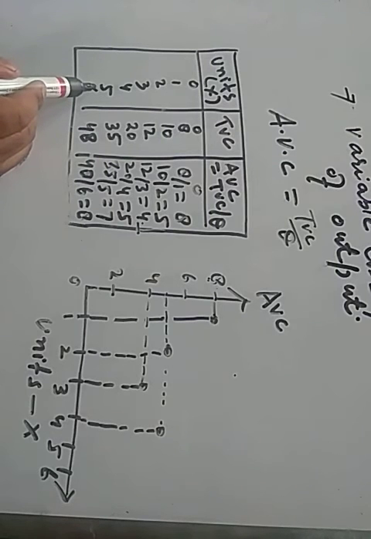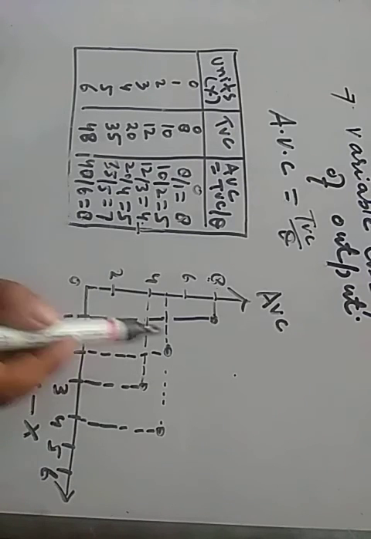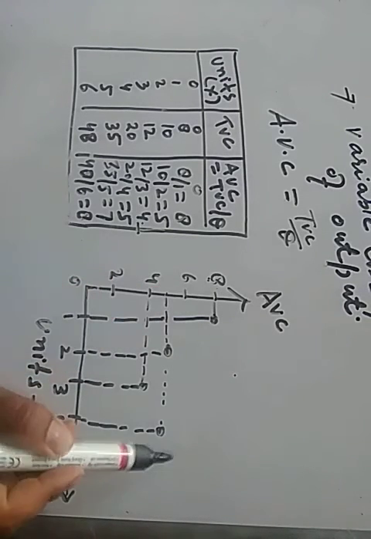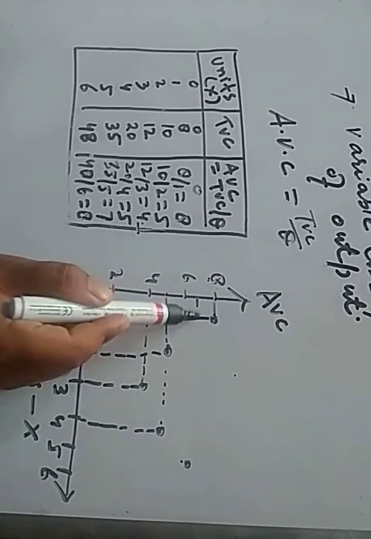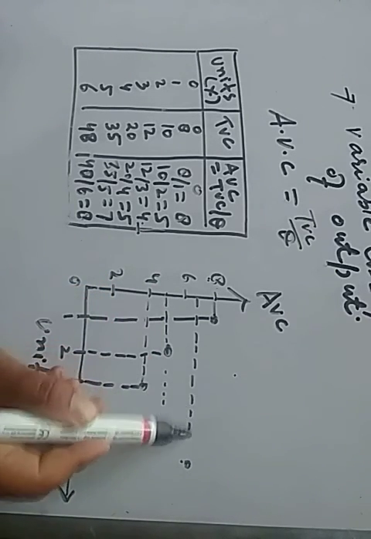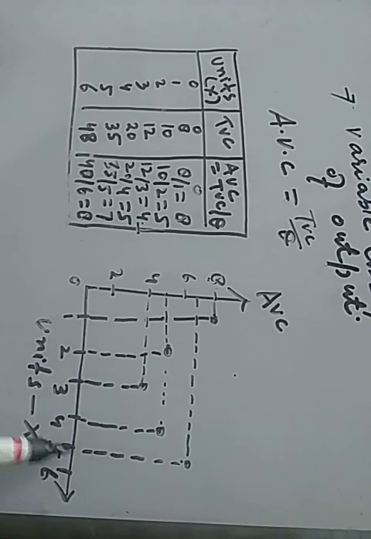And when units of commodity X produced is 5 units, average variable cost is 7 rupees. Here it will lie. This one shows level of output equal to 5 units.